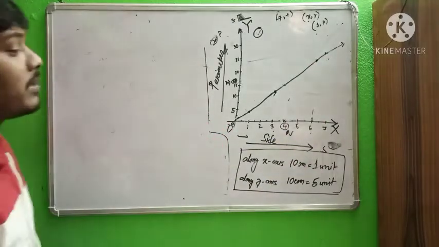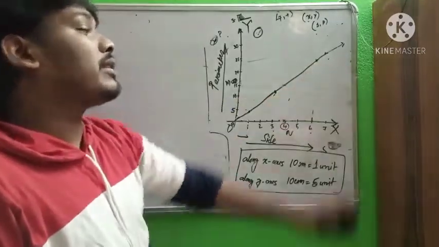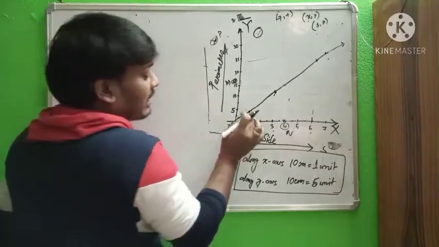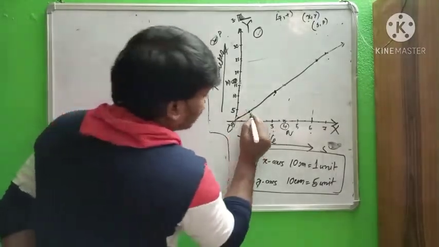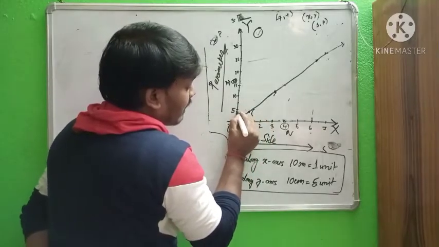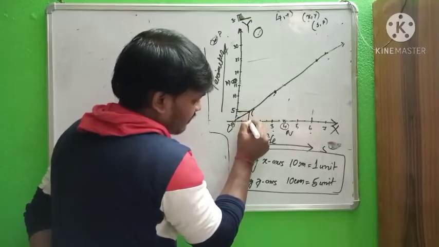So these 3 points are given. How do we find the equation of this graph? First step is we find the coordinate of each point. And in graph paper we can count the values.